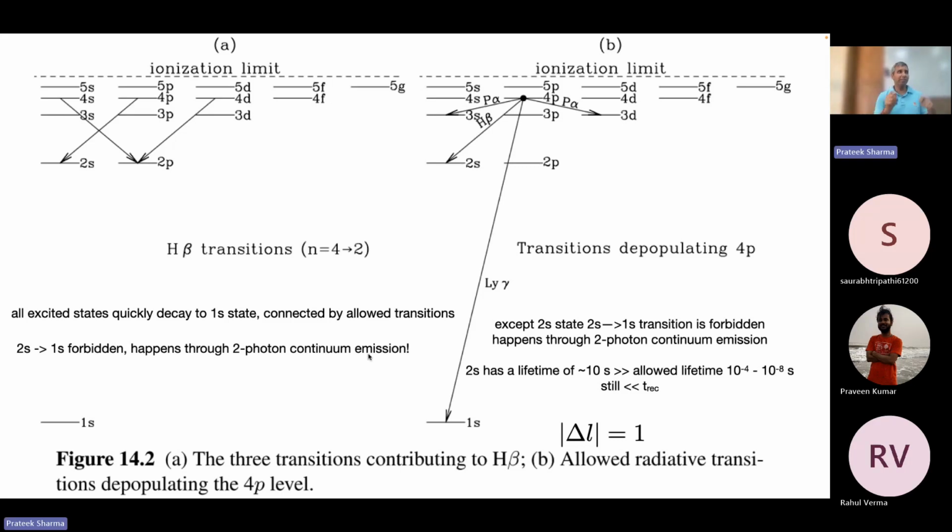What 2-photon emission means is this. Normally, if you have an electron going from n equal to 2 to n equal to 1, the energy difference produces 1 photon, which is 1216 angstrom, the Lyman alpha transition; 2p to 1s is that. But the 2s to 1s is not a delta function in frequency.